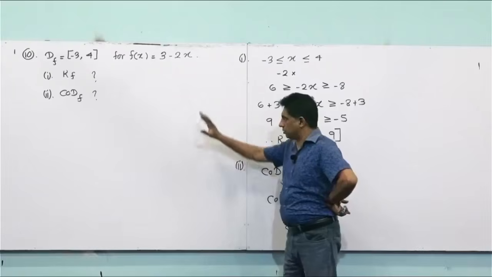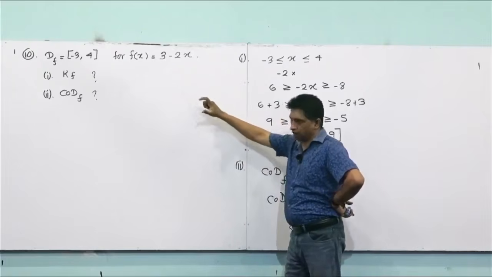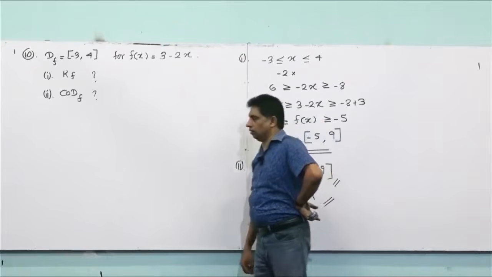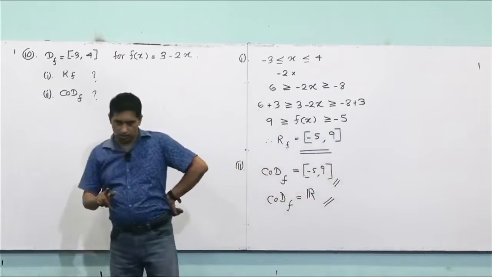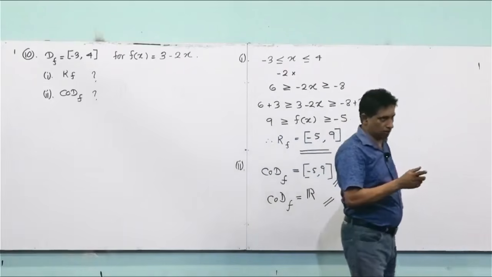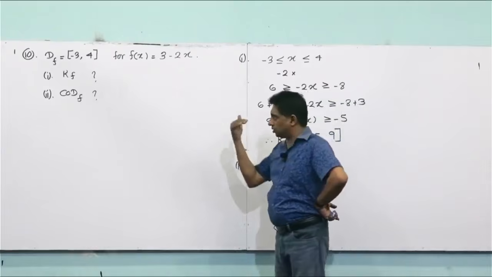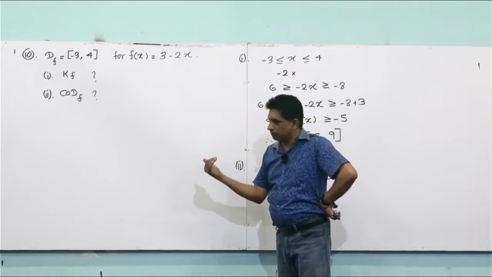Up to this point, first we defined what a relation is. Then we discussed that there are two types of relations, one to one relation and many to one relation. After that we discussed the definition of a function.